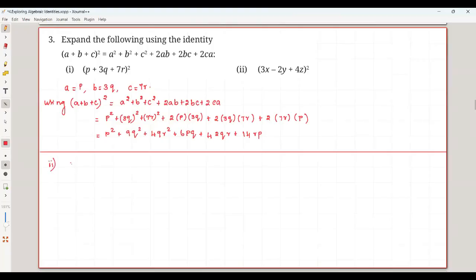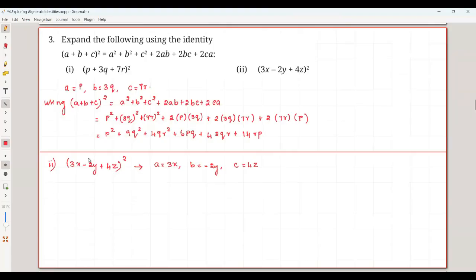Second one is given as, so 3x minus 2y plus 4z the whole square. From this you find out what is a is equal to 3x, and b place we have minus 2y and c is equal to 4z. So write the formula and replace.